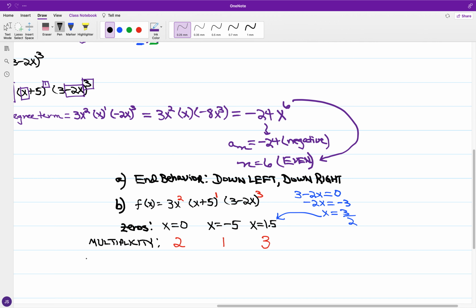And in terms of whether the graph crosses or touches the x-axis, 0 has an even multiplicity of 2, and zeros of even multiplicity will be locations where the graph is going to touch. So it's going to touch at x equal to 0.